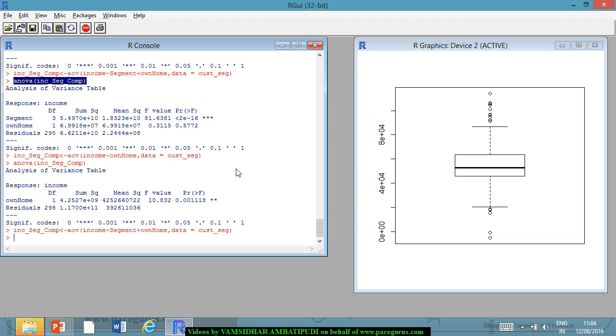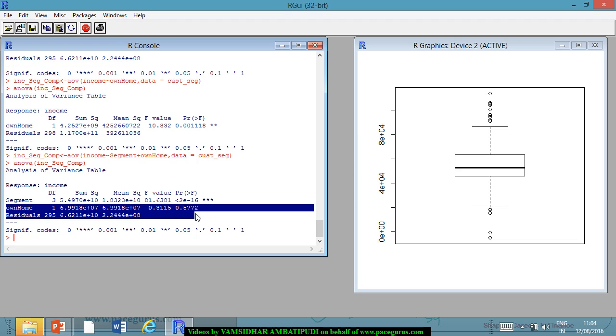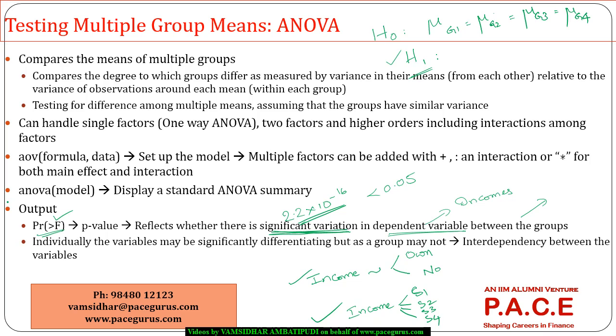I could see that when I did it, only the segment is coming significant, but own home is not coming much significant. So whatever is the difference that is coming out because of the own home is already taken care of as a part of the segment. So now own home is not contributing separately to the differentials in the income across the group. So that is what I mean by this statement.